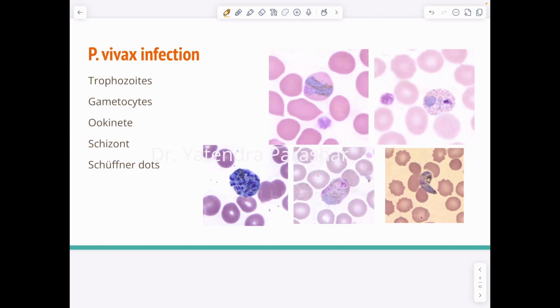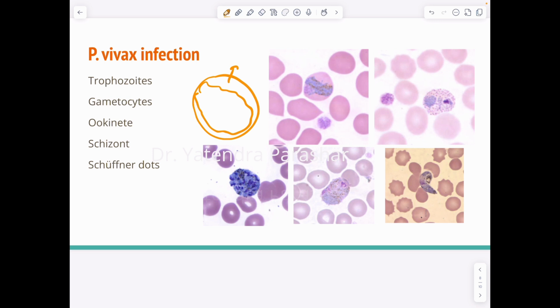Plasmodium vivax infection on peripheral blood smear is characterized by enlarged red blood cells with amoeboid trophozoites. The amoeboid trophozoite increases the size of red blood cells, and the amoeboid-shaped trophozoites have irregular shapes with abundant cytoplasm.